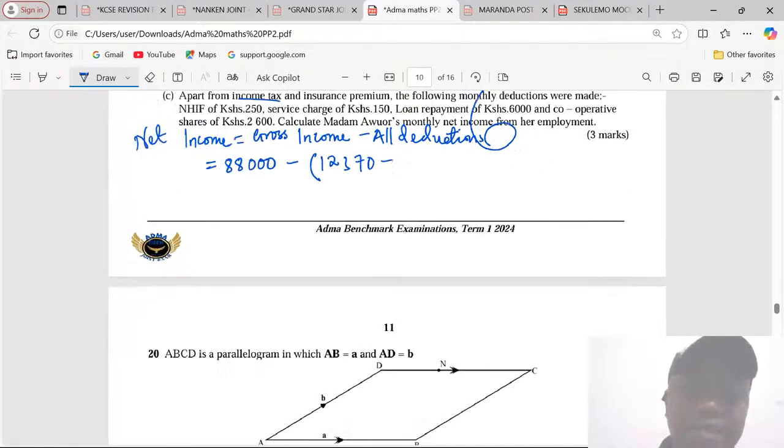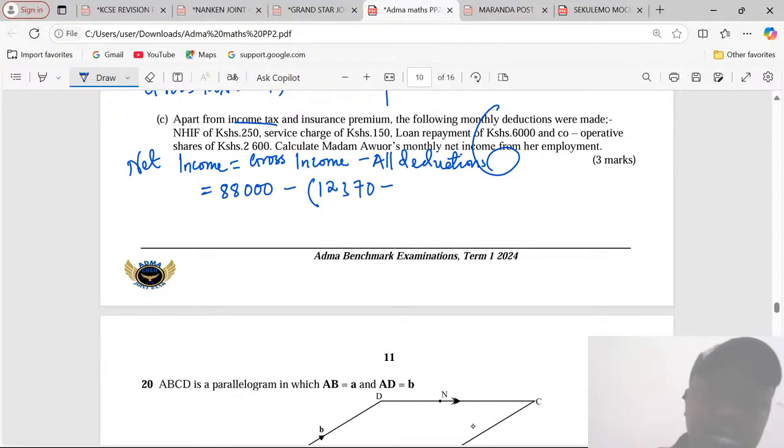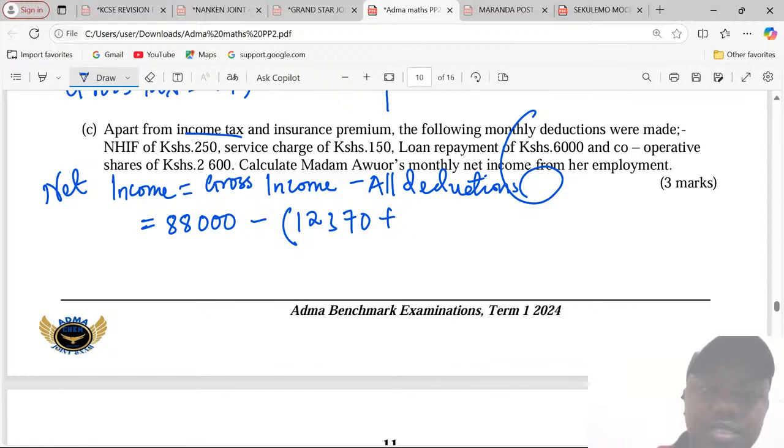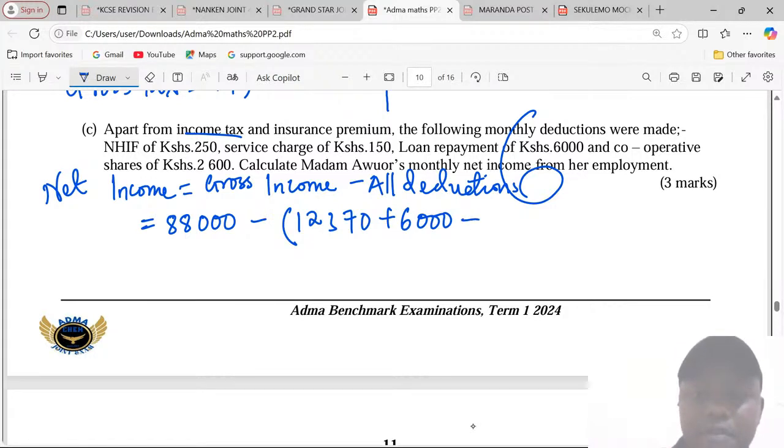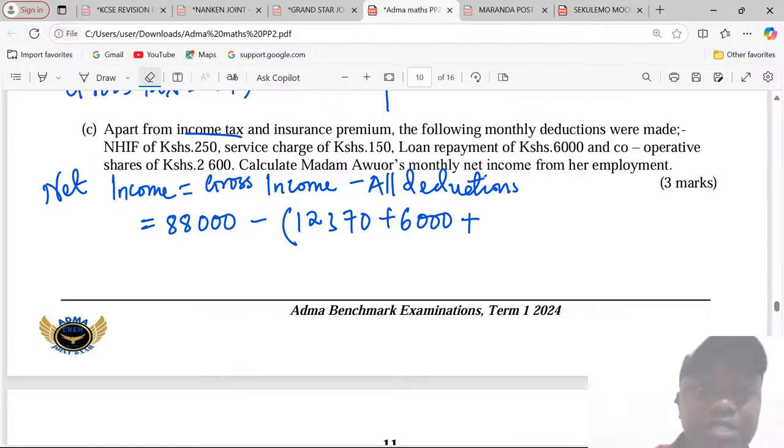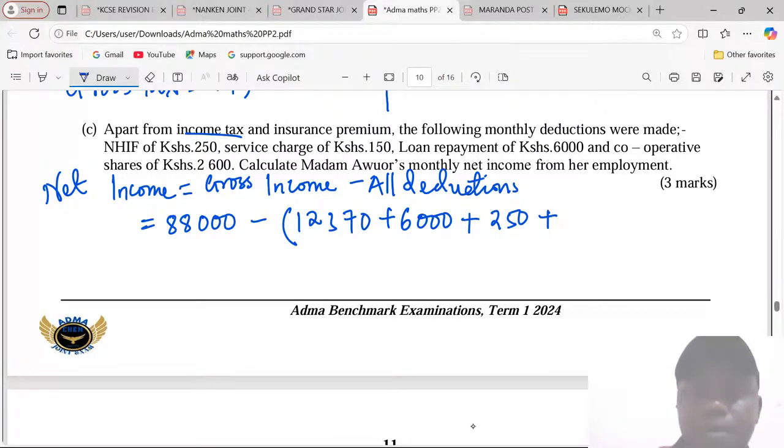Then we add these other deductions: 250, 150, 6,000, 2600.